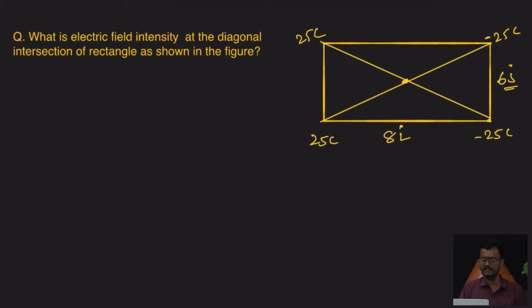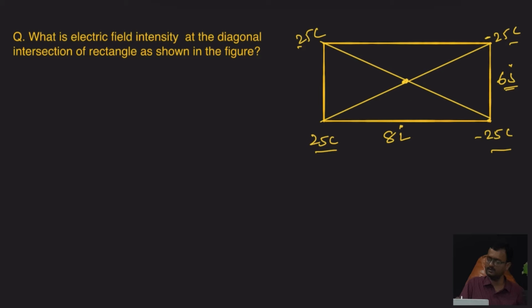What is the electric field intensity at the diagonals' intersection of the rectangle as shown in the figure? See here, at the 4 corners, 25C, minus 25C, minus 25C and plus 25C are there. So what is the electric field at the center?